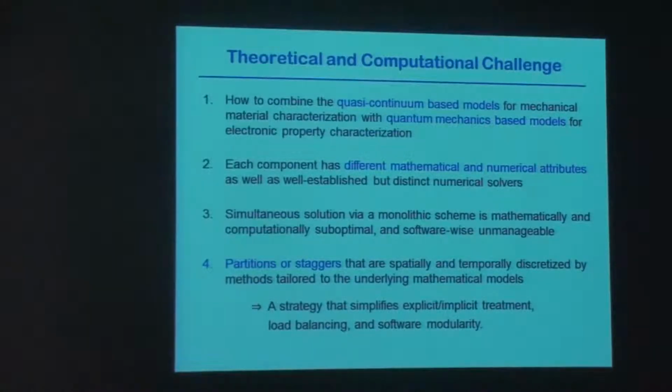So what we are doing, based on the experience we have with fluid structure interaction or thermomechanical problems, is to partition or stagger the problems, which are spatially and temporally discretized for the underlying methods. This strategy can simplify implicit, explicit treatments, load balancing, or software modularity.